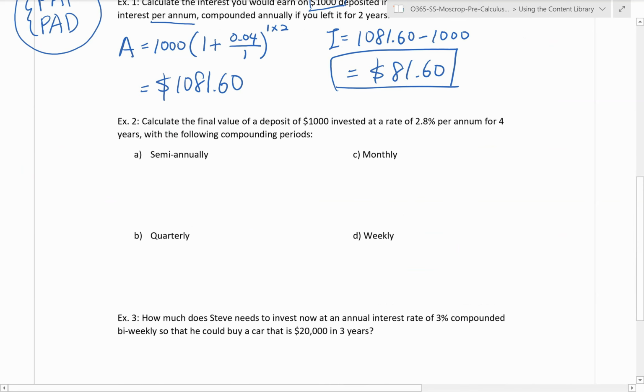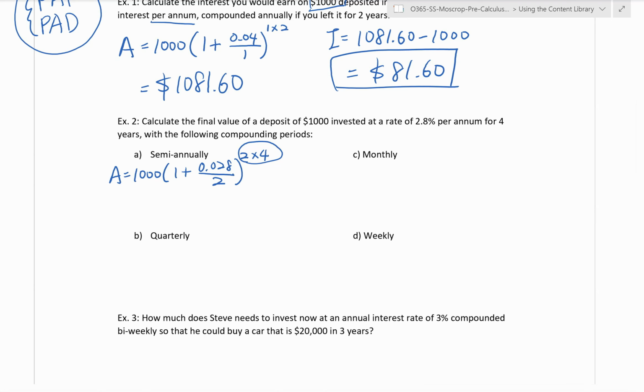So the same thing, the final amount is equal to the principal times 1 plus the interest rate, 2.8%, so 0.028, divided by n. Because the compounding period is semi-annually, which means we collect interest twice a year, n is 2, to the power of 2 times t, 4 years. So this basically tells you how many times you're collecting interest in total. Because we're collecting twice a year for 4 years, in total we are collecting 8 times.